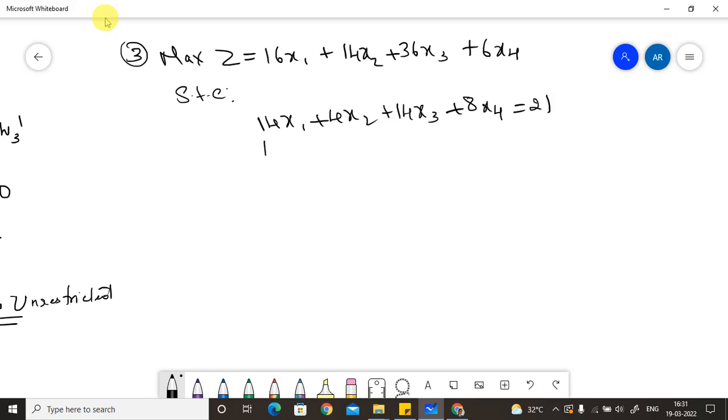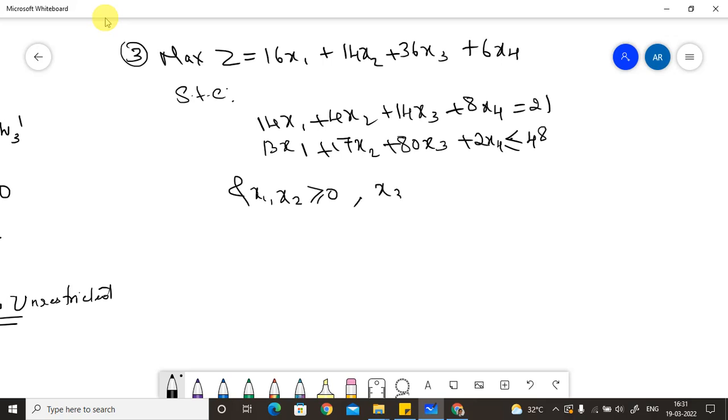Then we have 13x1 plus 17x2 plus 80x3 plus 2x4 less than or equal to 48, and x1, x2 are greater than or equal to 0, and they say that x3, x4 are unrestricted. That means the third and fourth variables are unrestricted.